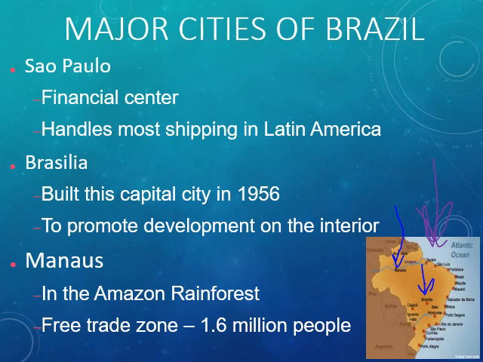So it's this really cool opportunity to be running your business tax-free if you're willing to have your business be in the middle of the Amazon rainforest, which a lot of people aren't, but just kind of an interesting look at it. And this is the rubber manufacturing center of Brazil.